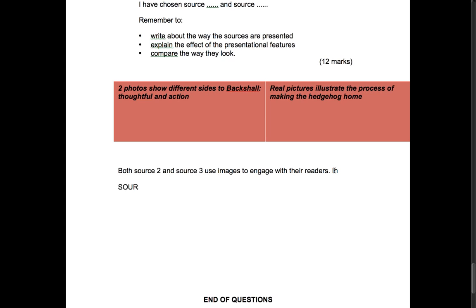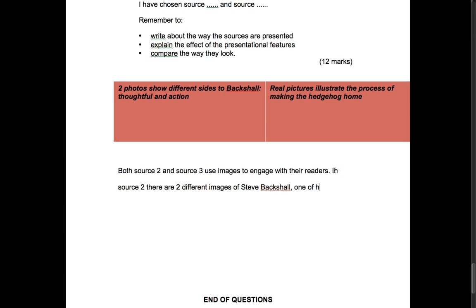In source 2, there are 2 different images of Steve Backshall. Now, it's hard to quote, obviously, when you're looking at presentation devices, so you can describe instead. There are two different images of Steve Backshall.